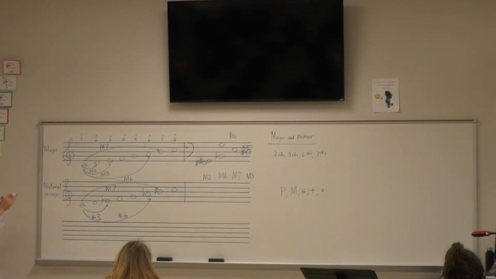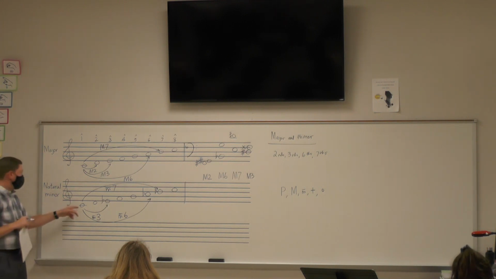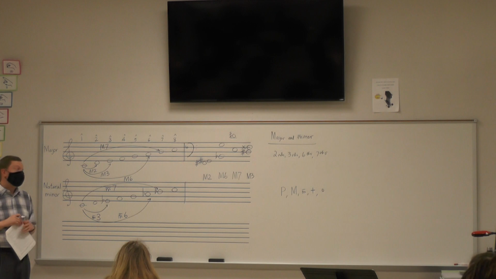But which one of those four numeric sizes up there does not appear even in the minor scale? The second. Yeah, we do not get a minor second between scale degrees 1 and 2 in a minor scale. A minor second, as we should know by now, is the same as a half step.